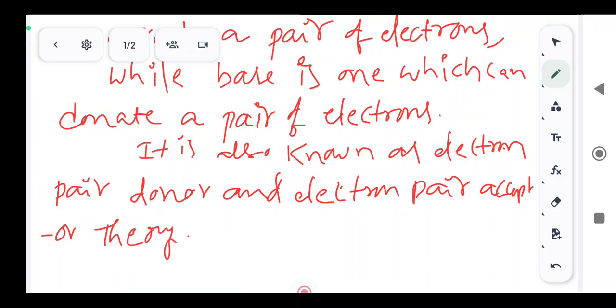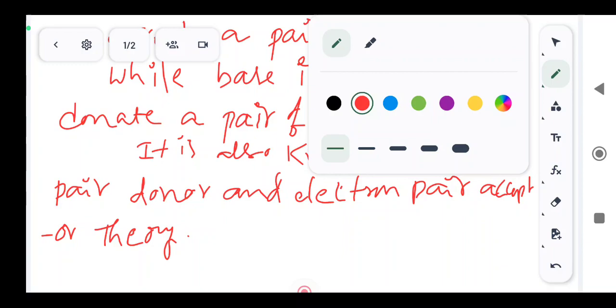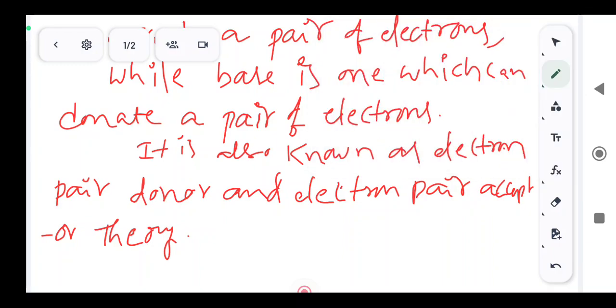That is why we call it the electron pair donor and electron pair acceptor theory.